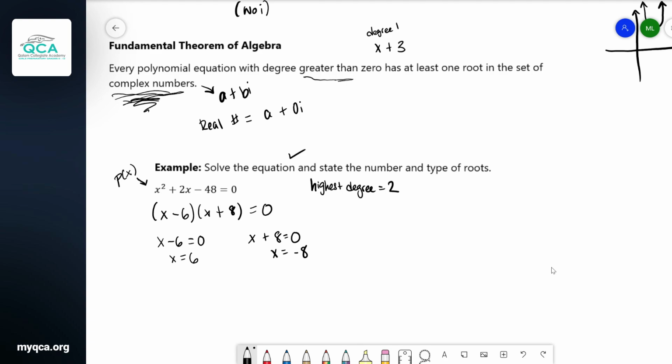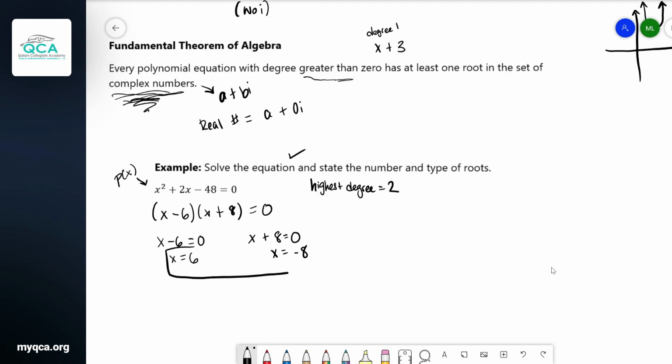I have x equals 6, x equals negative 8, so I have two roots. And I can say that these two roots are reals, because remember, reals are also in the complex number set, because it's a plus 0i.